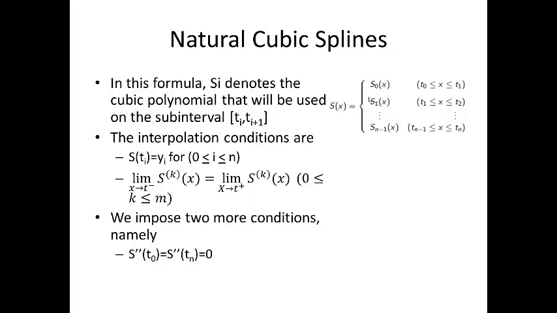We're going to impose two more conditions, namely the second derivative taken at t0 and the second derivative taken at tn are both going to be 0. The resulting spline function is termed a natural cubic spline. There are additional ways to close the system of equations for spline coefficients, and these are periodic cubic splines and clamped cubic splines.